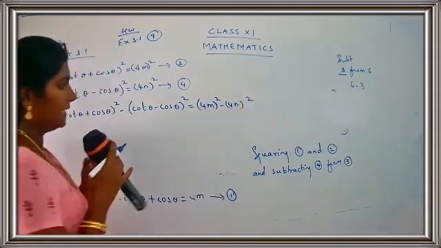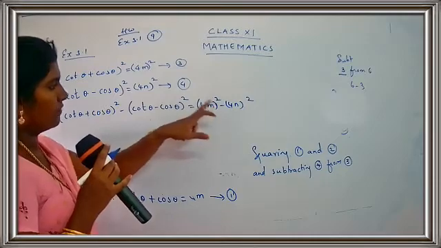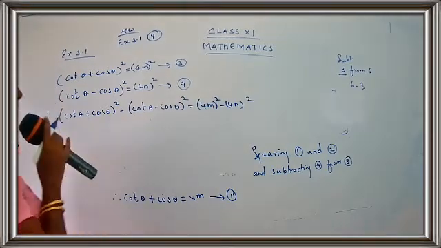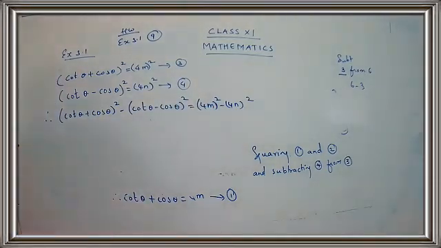So subtracting 4 from 3, 3 will be written first. Are you clear with this step? So what do you get? (Cot theta plus cos theta) the whole square minus (cot theta minus cos theta) the whole square is equal to (4m) the whole square minus (4n) the whole square.